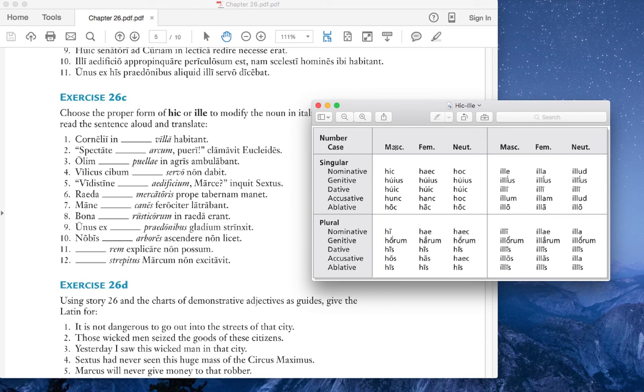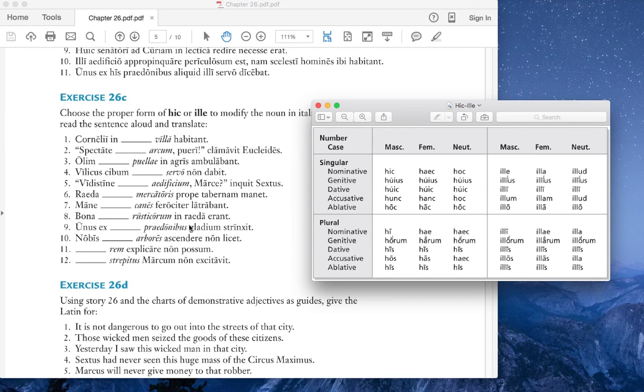So the right form of hic haec hoc is going to be hunc for arcum, and the right form of ille illa illud is going to be illum because it's masculine, accusative, and singular. So hunc and illum. If you use that as your guide for how to work with all of these nouns here, and you consider the cases of each of these.